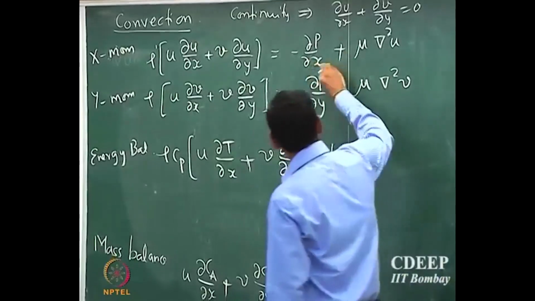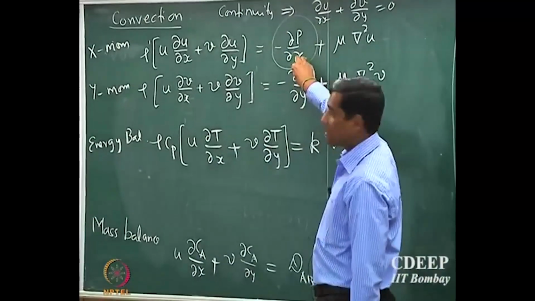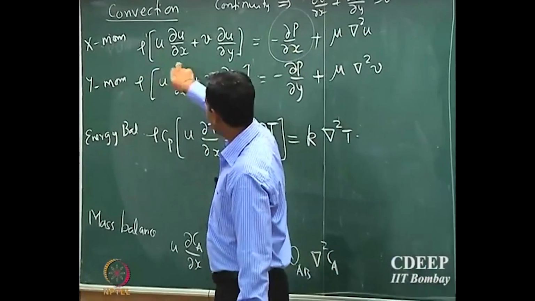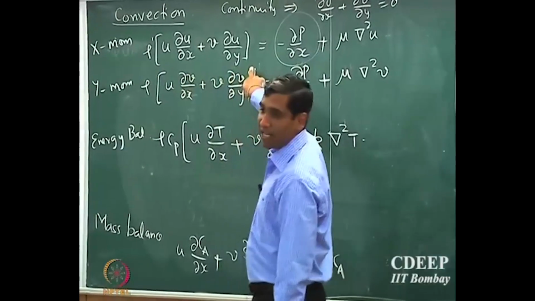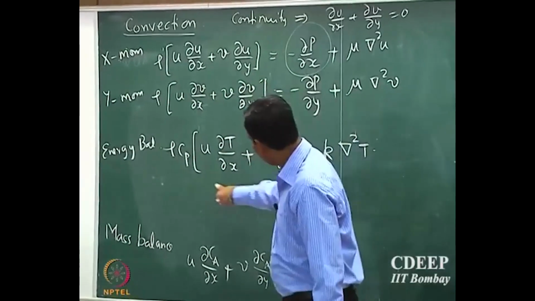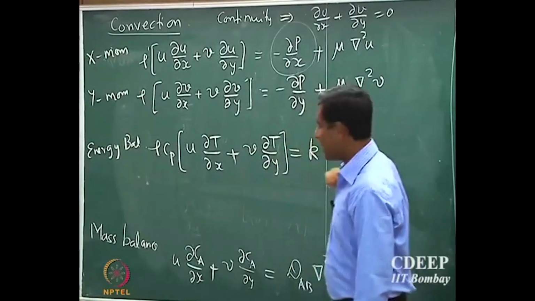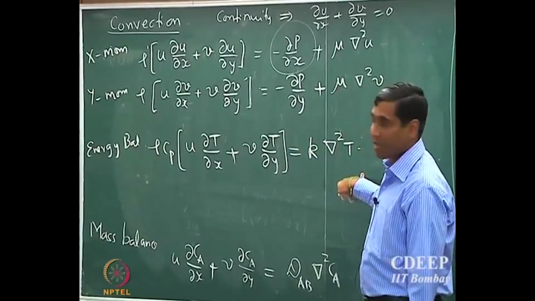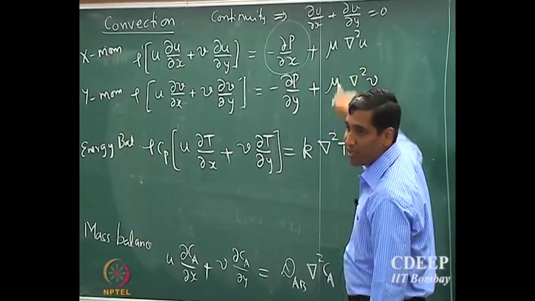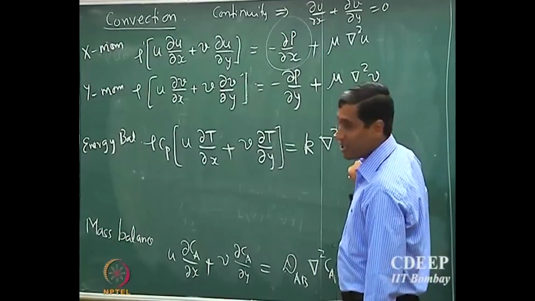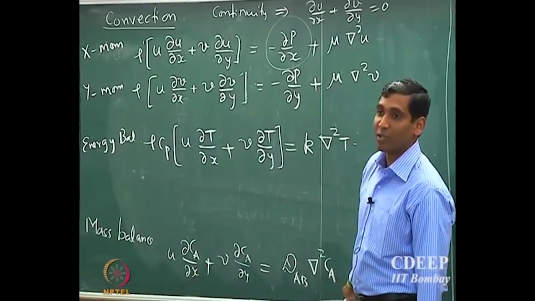So if this pressure gradient is a constant, then all you have here is u du by dx plus v du by dy, and that's very similar to the terms that you see here. So it's convection equating to a diffusion term, and that's what you see in momentum transport, in energy transport, and in mass transport also.